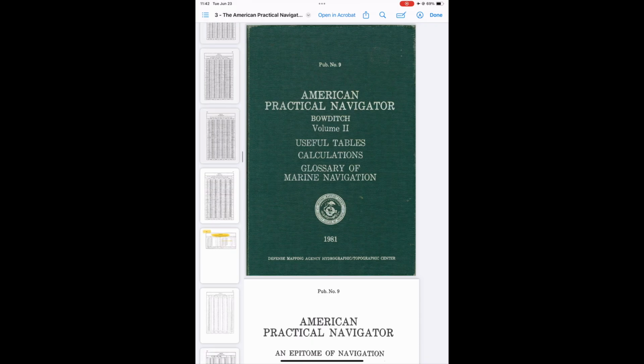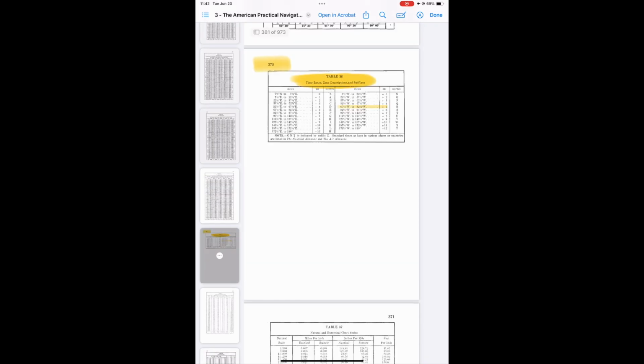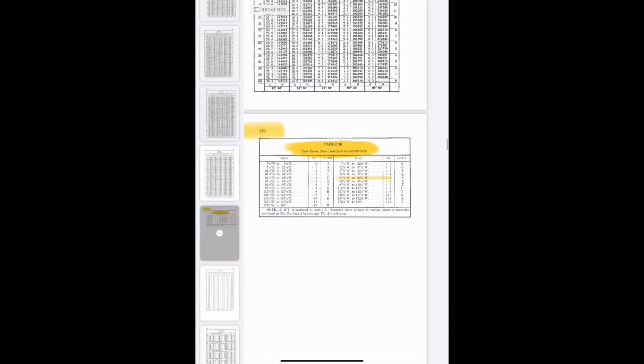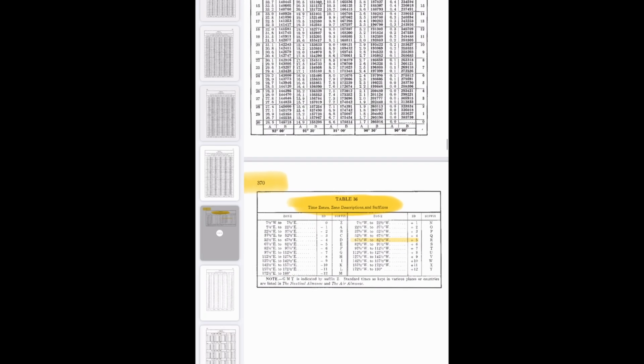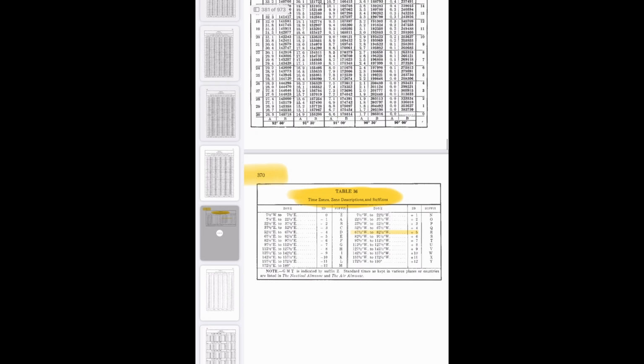And we're going to scroll to page 370 of the 1981 Bowditch. All right, table 36. I already got it highlighted here. Let me show you guys. You see I got it highlighted here. You see you have west longitudes, and you have east longitudes.